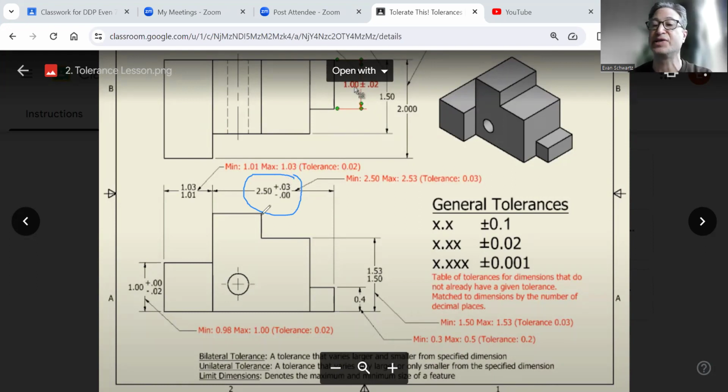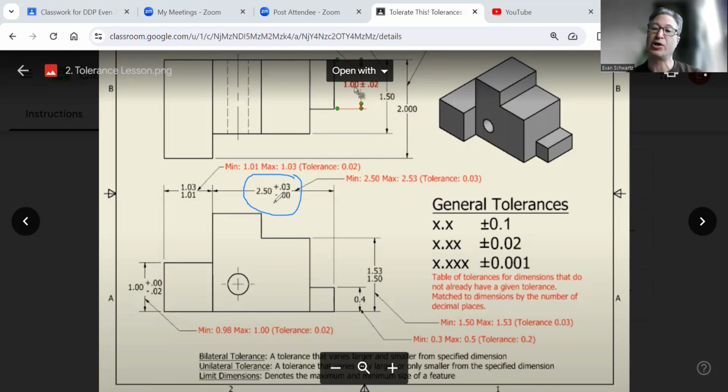And what this is saying is that it can either get larger in one direction or smaller in one direction, but it's not going to be both. So this part can be 0.03 larger than the 2.5 dimension. It can be no larger than 2.53 but it can't be any smaller than 2.5.